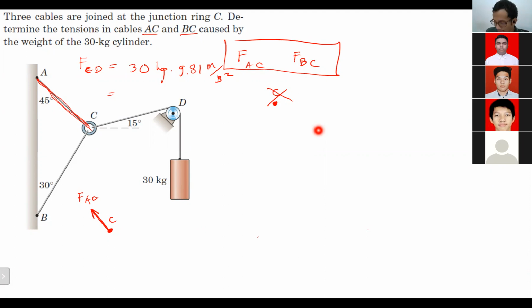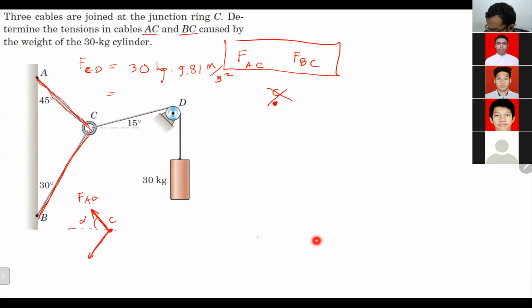Now, please tell me about the direction of FBC. FBC points from C to B. So it's supposed to be roughly like this. But remember, you have to give information about the angle.